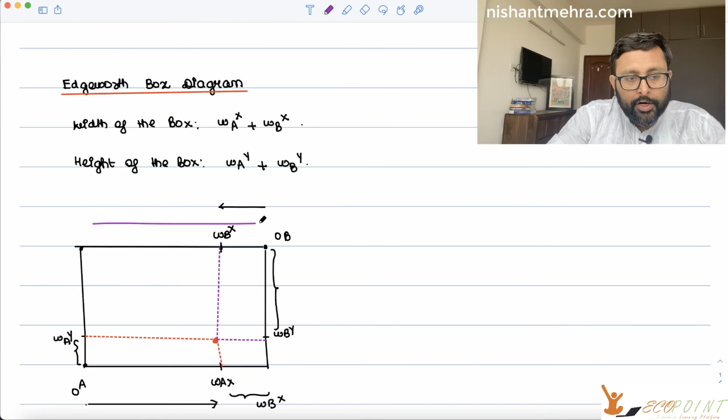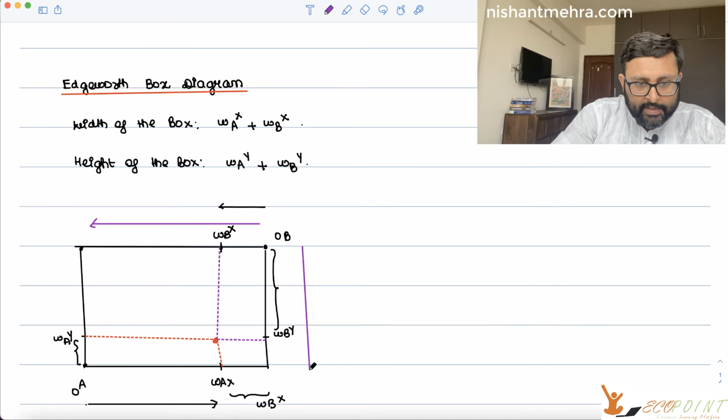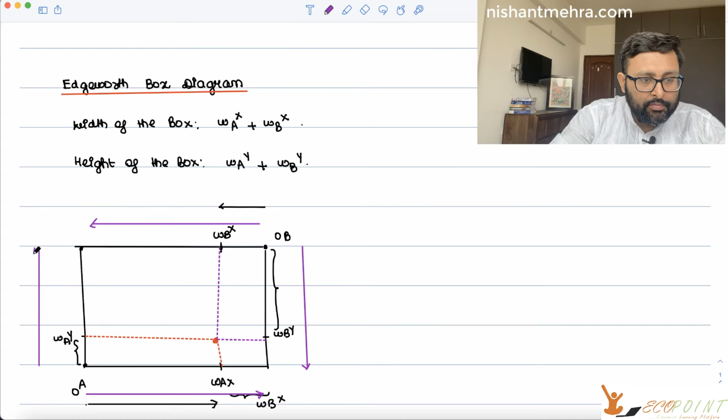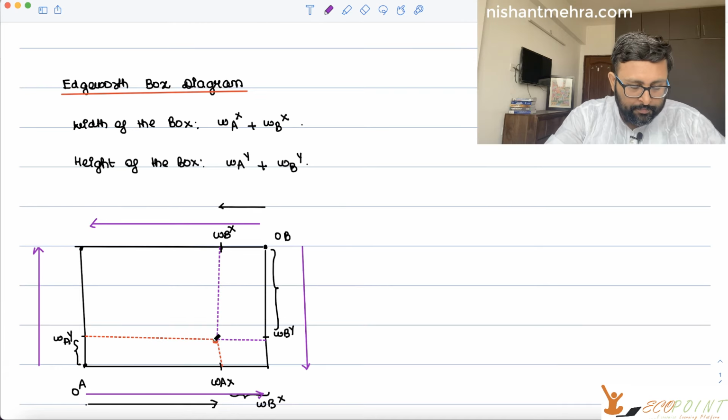Your x is increasing in this direction, your y is increasing in this direction. My x is increasing in this direction and my y is increasing in this direction. That is my axis. Are you with me, all of you?